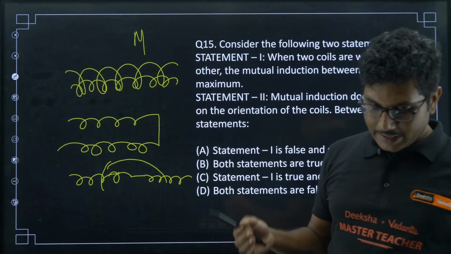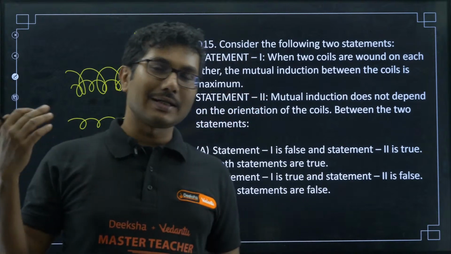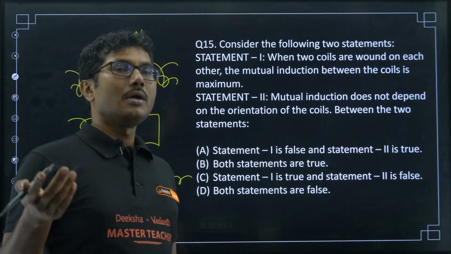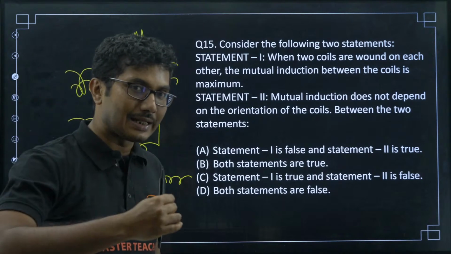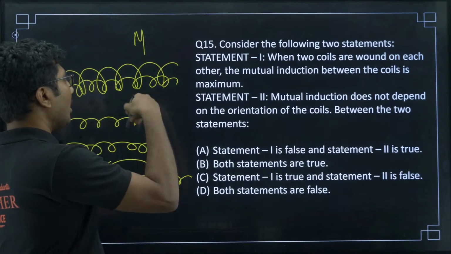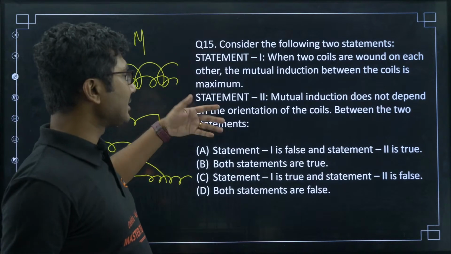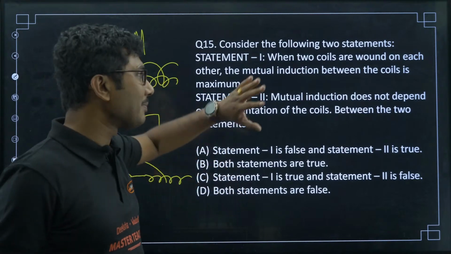Yes, self inductance is obviously not dependent on the orientation of the coil, that simply depends on the single coil. But when you have two coils, one of the statements is definitely incorrect, that much is sure.